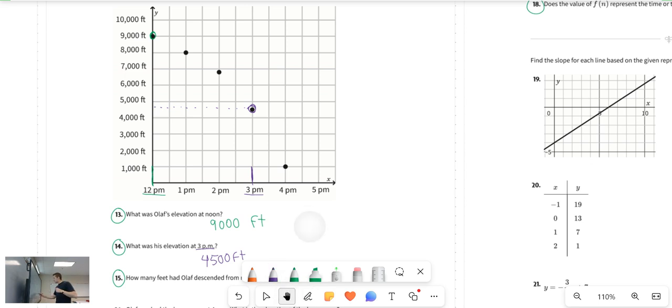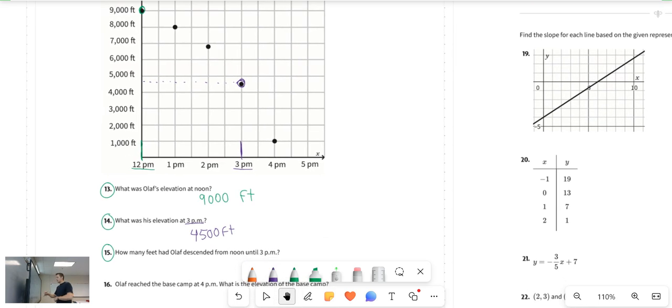All right, we'll go down just a little bit. How many feet had Olaf descended? Descended means gone down. So how many feet had Olaf descended from noon until 3 p.m.? Well, we said that he was at 9,000 feet at noon. If he was at 9,000 feet at noon, and then he went down to 4,500 feet at 3 p.m., how many feet would he have gone down?